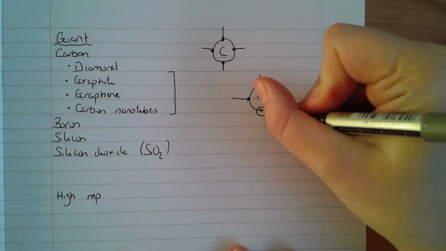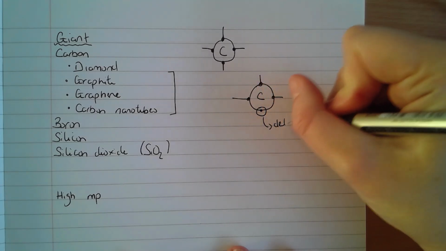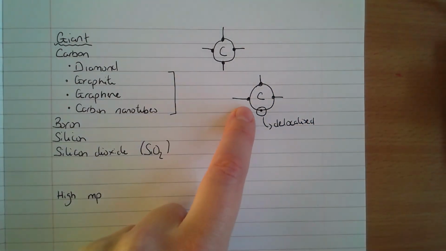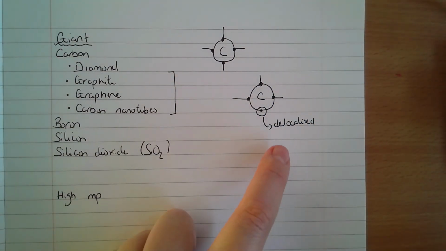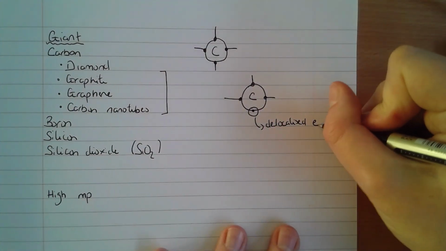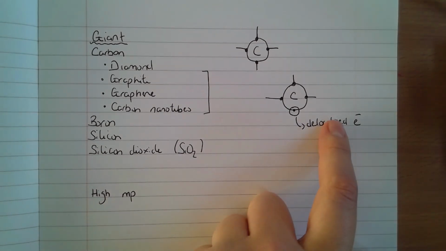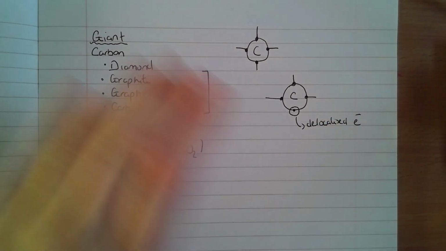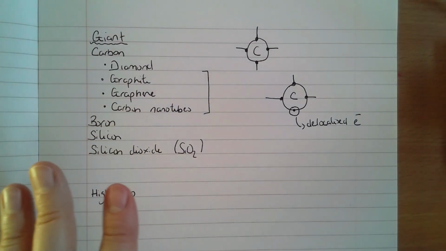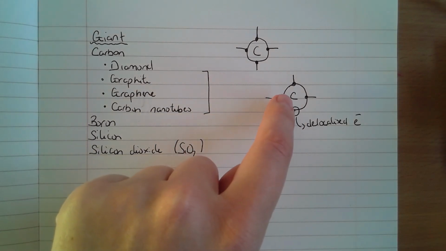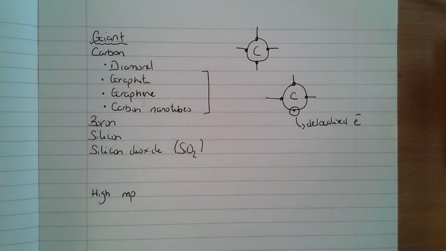And this electron becomes delocalized, and that means it can move around. It doesn't have to stay in carbon's outer shell. And because electrons are charged, you now have a free moving charged particle which can carry current. The other giant structures don't have this. These are the exceptions, and it's because carbon is forming 3 bonds instead of 4, giving them a delocalized electron to carry current.